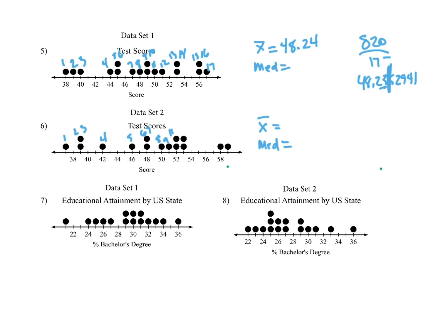So 8, 9, 10, 11, 12, and 13. And then 58 and 59, so plus 58 plus 59. So we get 697 there, but we only have 15 pieces of data, so we divide by 15, giving us 46.46 repeated, so we round that to 46.47.